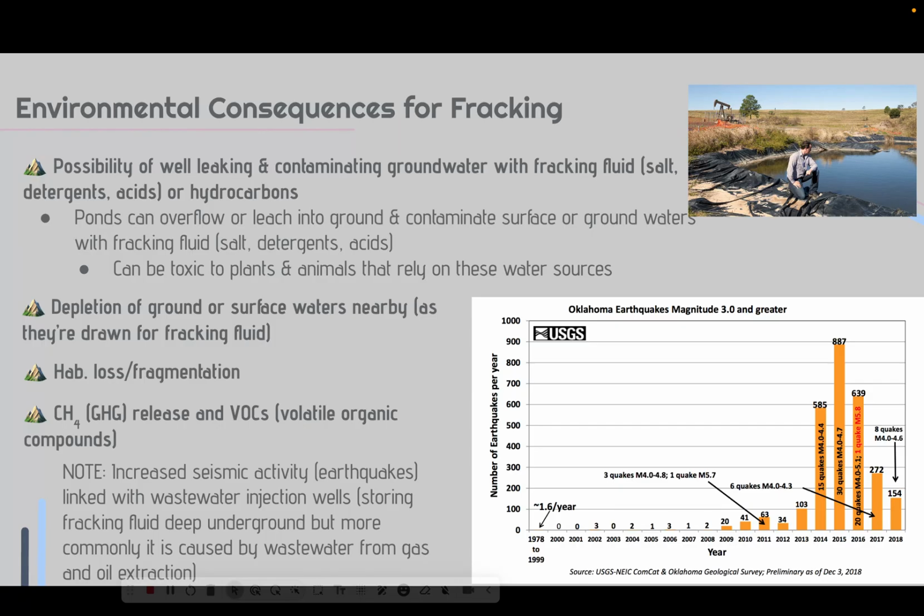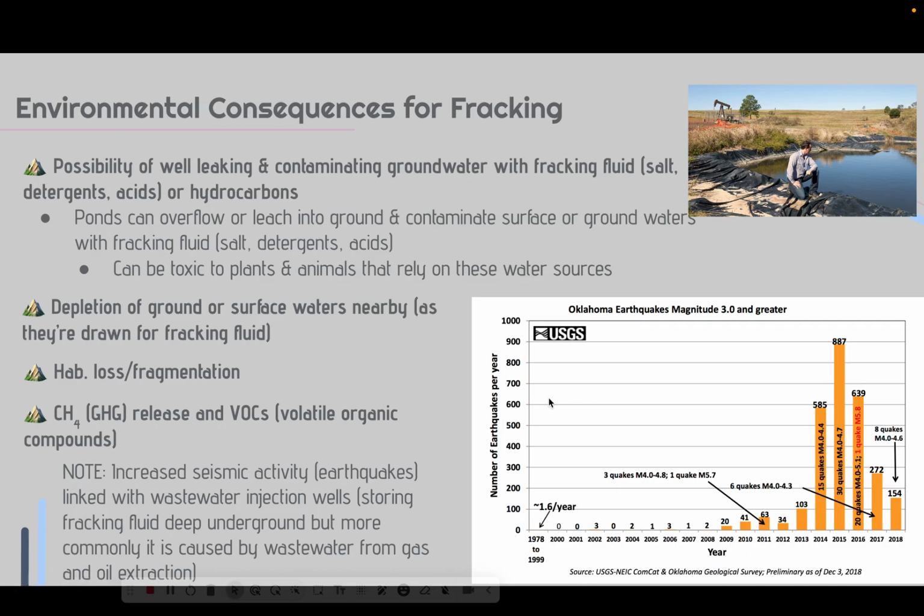And then greenhouse gases like methane are released into the atmosphere, and also something called a VOC, which is a volatile organic compound, which we're going to talk about in Unit 7 more so than Unit 6 right now. But a VOC is just called a volatile organic compound, and that is a real problem for our air pollution.